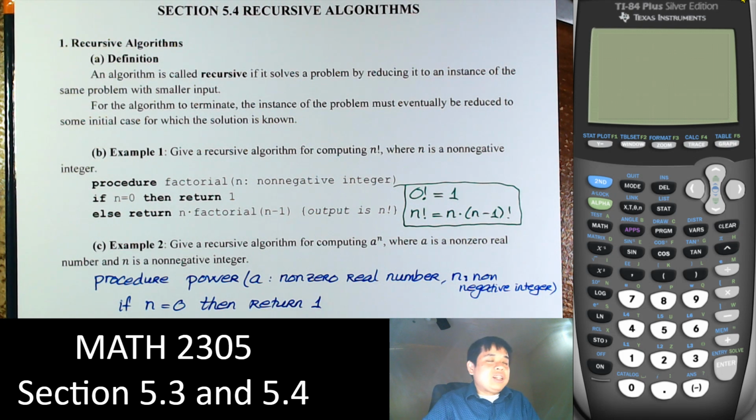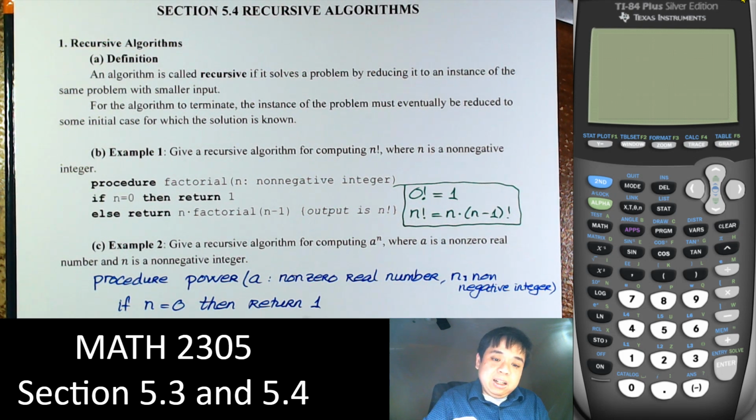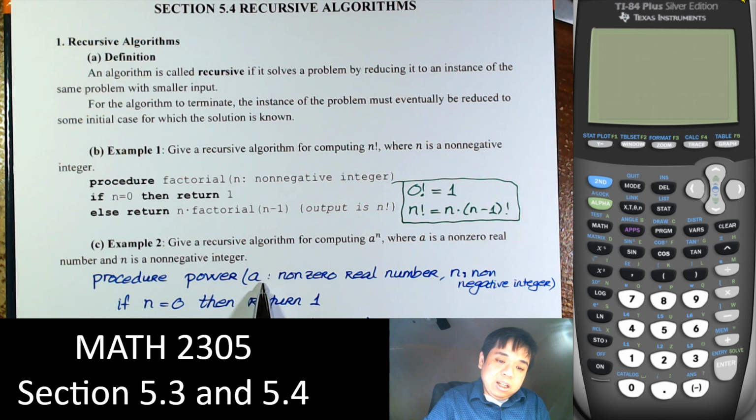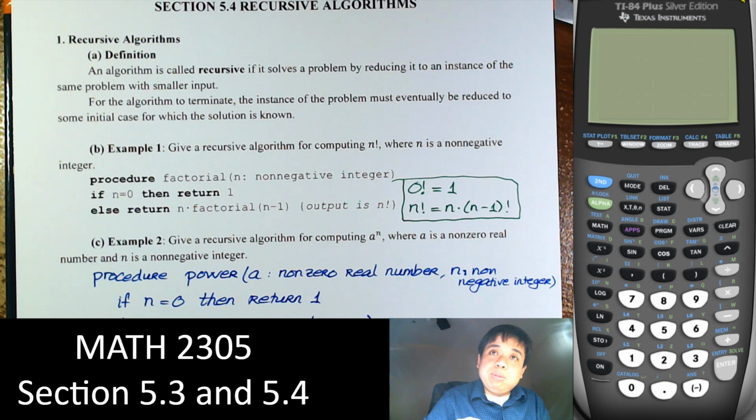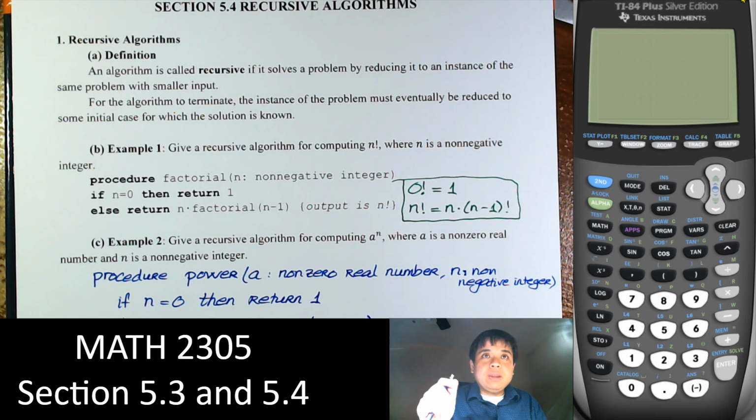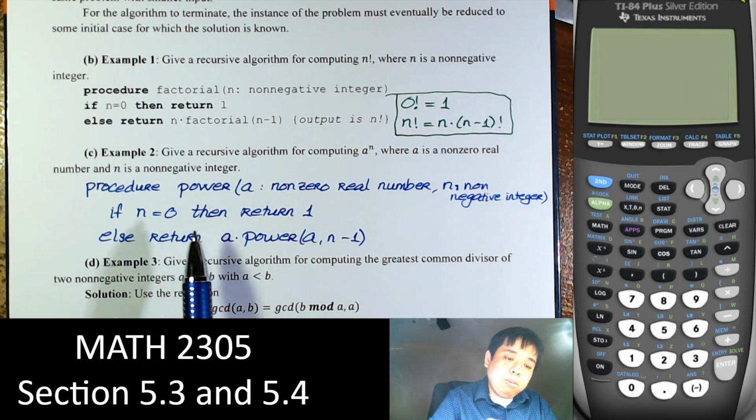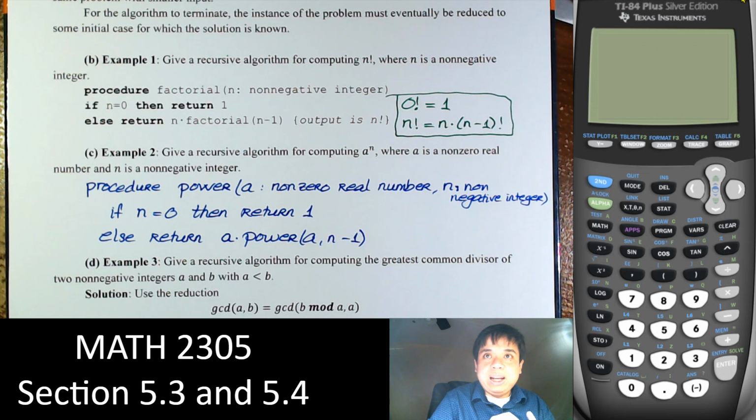So it's equal to a times the power of n minus 1, and if it recalls this and keeps going, it becomes n minus 2 and so on. So we just keep multiplying by a until we get down to 1.